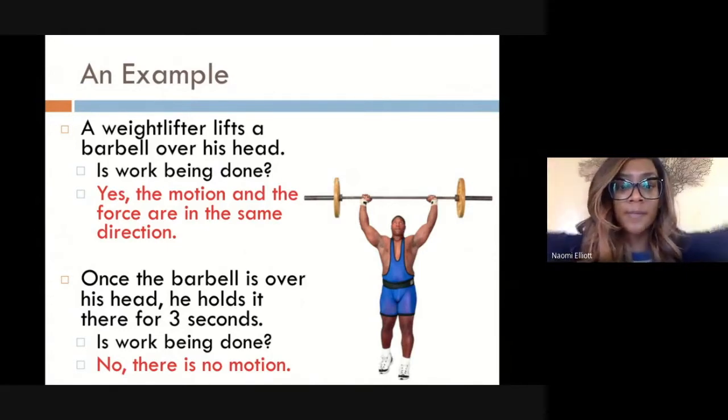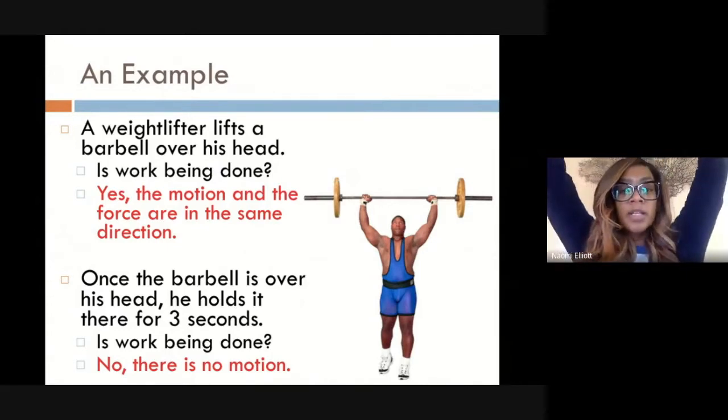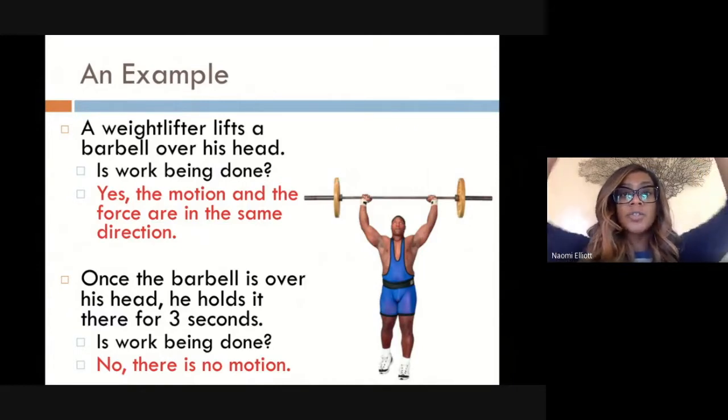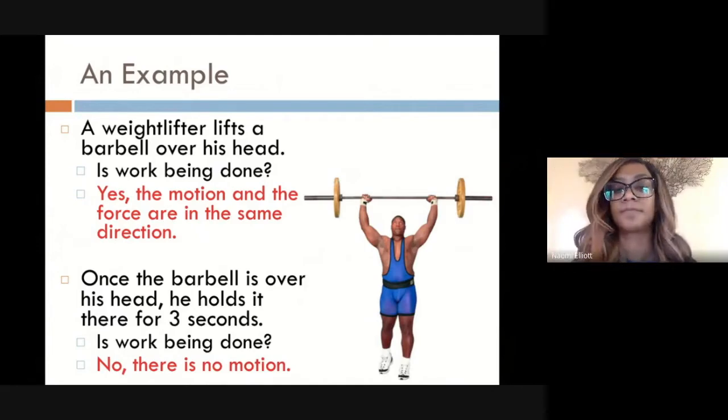But once the barbell is over his head, he holds it for 3 seconds. Is there work being done? The answer is no. There is no work because there is no motion. The moment that you are holding something over your head and you are still, there's no work being done.